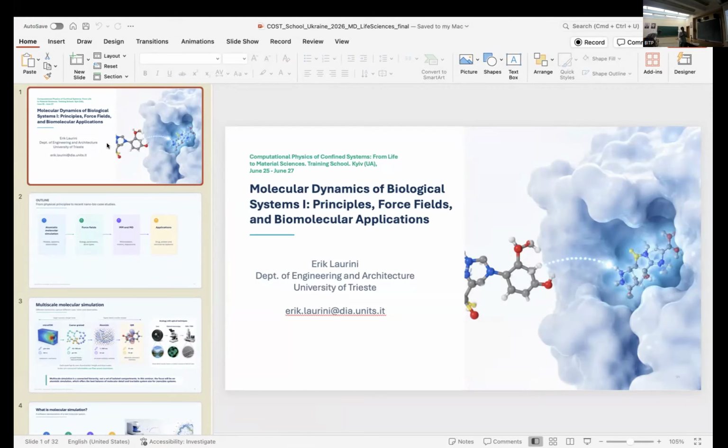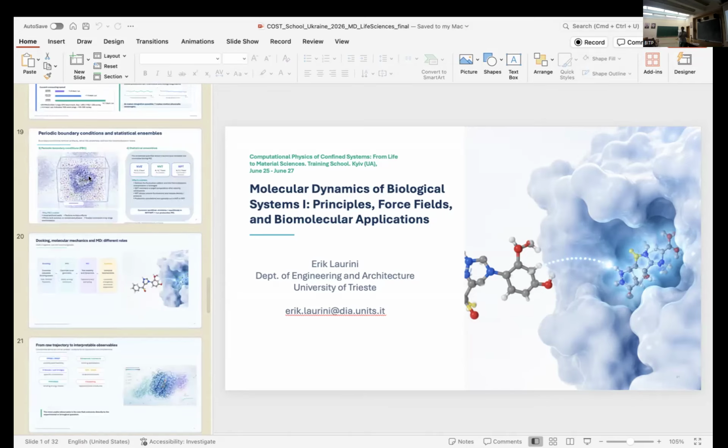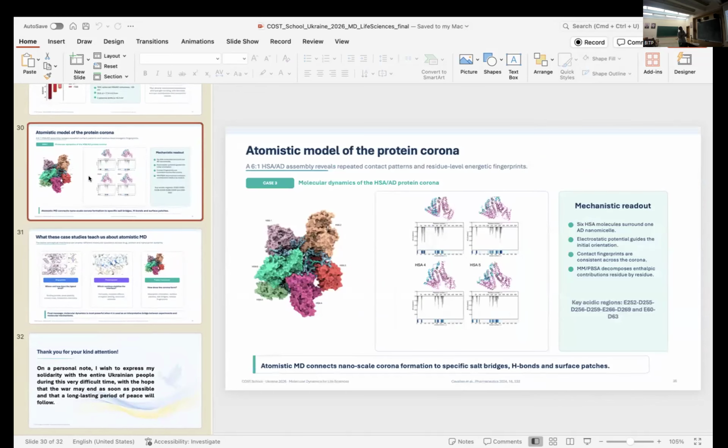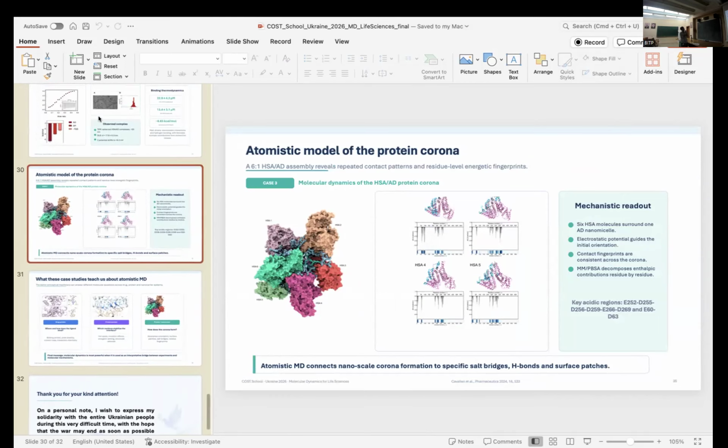My question is about the last system, the complex of nanocarrier with human serum albumin: which type of experiment did you use to confirm the complexation?